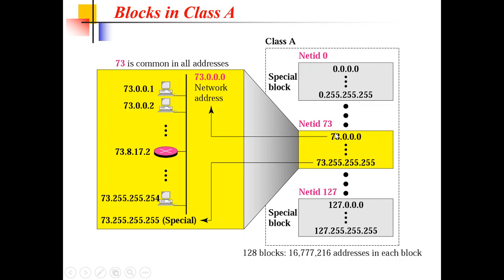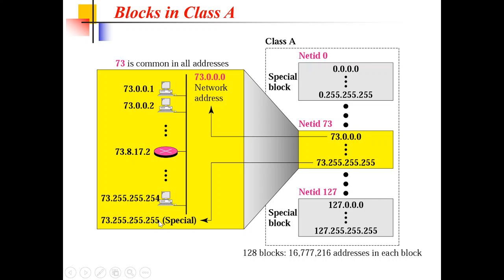So here one network is shown, consider net ID 73. The first address is 73.0.0.0. That is the network ID and the remaining are the host IDs. So host IDs start with 73.0.0.1, second is 73.0.0.2.